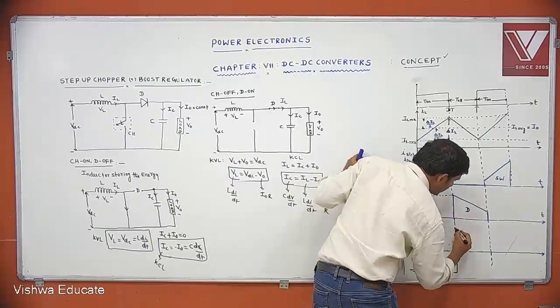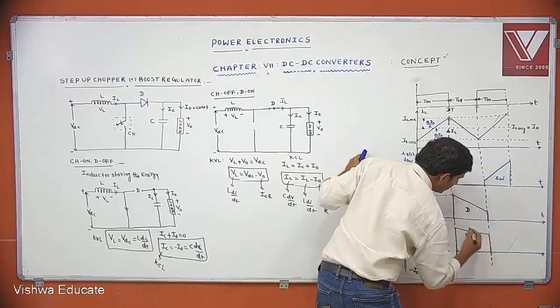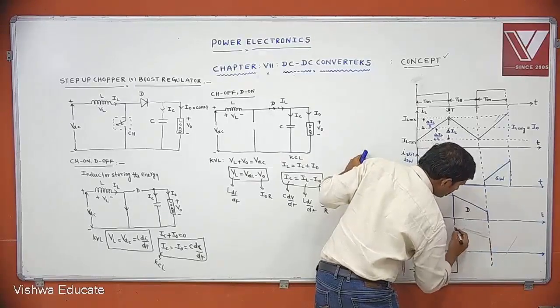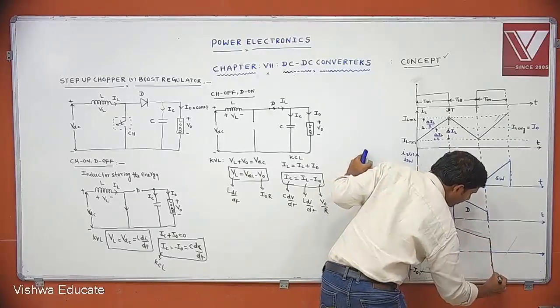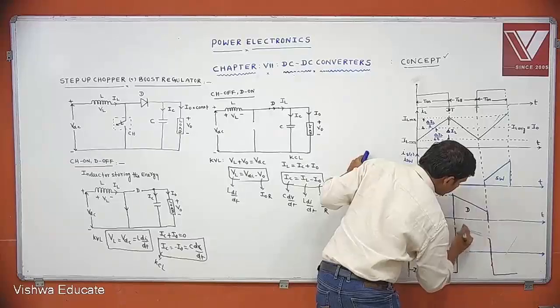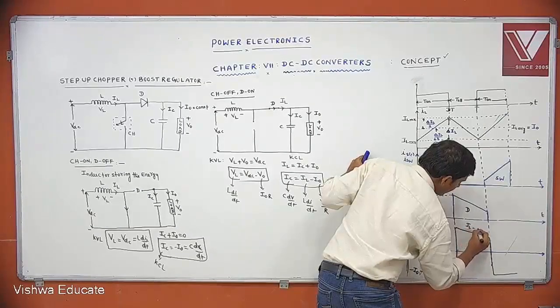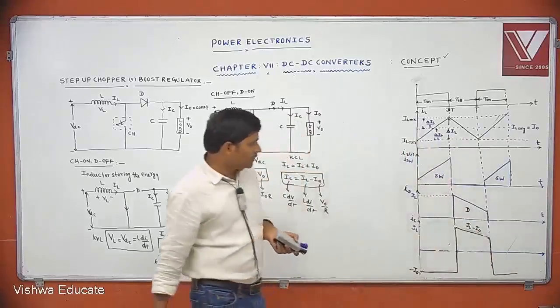Slightly we can get the curve like this. It is not I naught, this is IL minus I naught. Again we can get minus I naught. Like this we can get the wave shape.